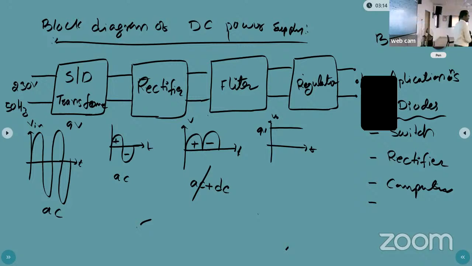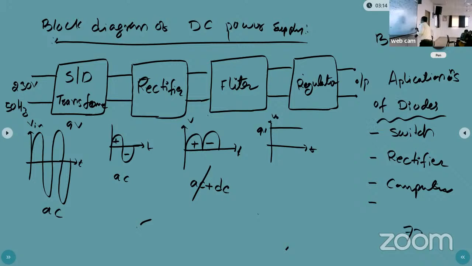For example, 6 volts out of 9 volts. If you want 5 volts, as I told in the morning, the 7805 IC gives a 5 volt supply. So you keep the 7805 IC in the voltage regulator, then you will get the 5 volt supply, and then you can connect it to your mobile phone.